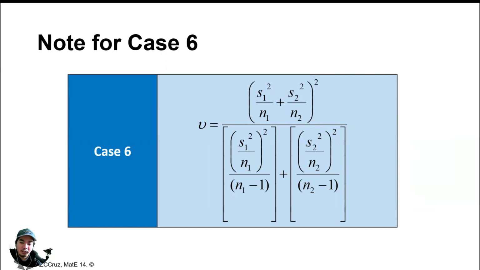So the good thing is if N1 and N2 are the same size, then pwede nyo pa ma-further simplify ito, no? And I leave that exercise to you guys, no? So para magamit nyo naman siya in cases wherein yung sample size for dataset 1 and dataset 2 are equal, no?